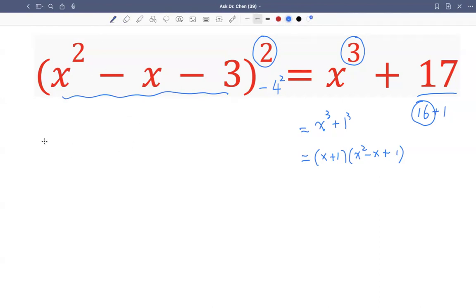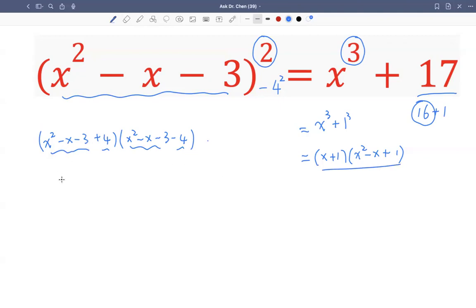So we have x squared minus x minus 3 plus 4 as one factor, right? Think of this as a, this as b. Then x squared minus x minus 3 minus 4. Again, this is a minus b, right? So that equals this.